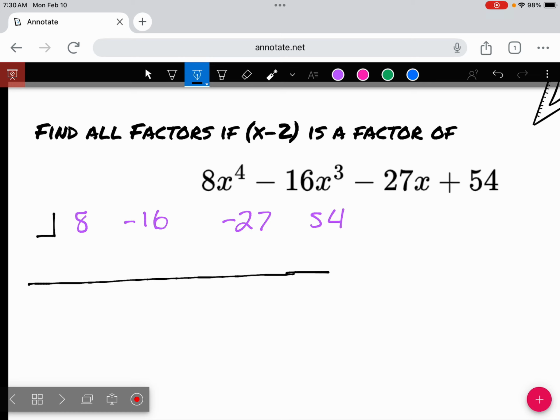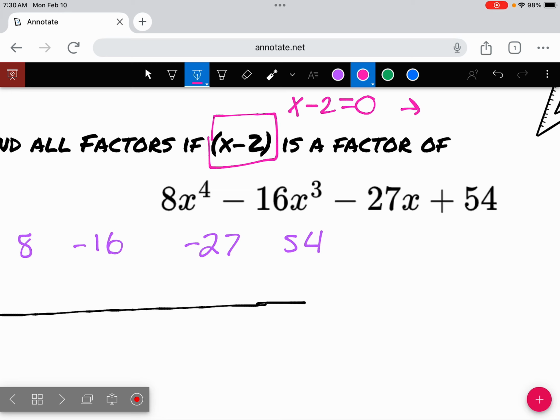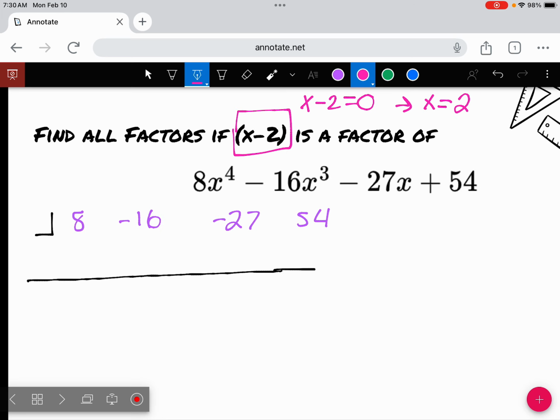What else? What number in the box do you want? It's not going to be a 1. 2? How do we know that? Oh, because it's the opposite. Yeah. So this is where we find our root for this guy. Our x minus 2 equals 0. So this is going to give us a root at positive 2. So we have a positive 2 in the box.